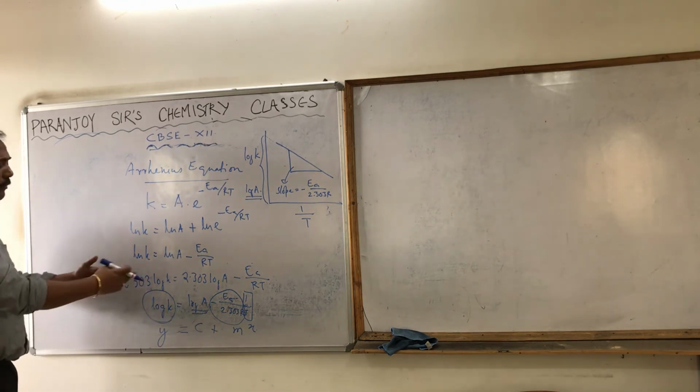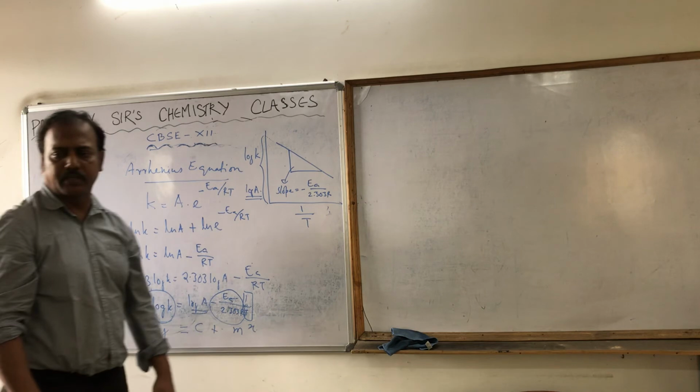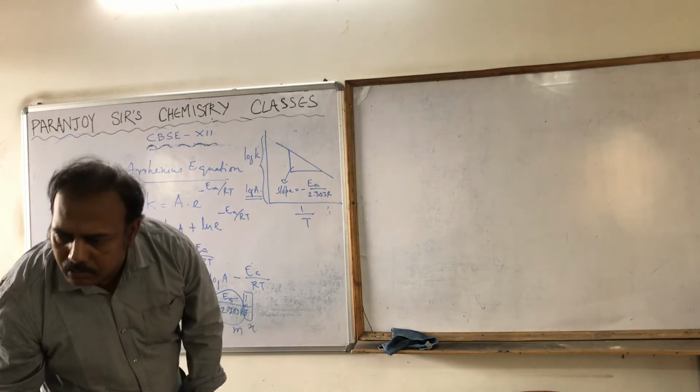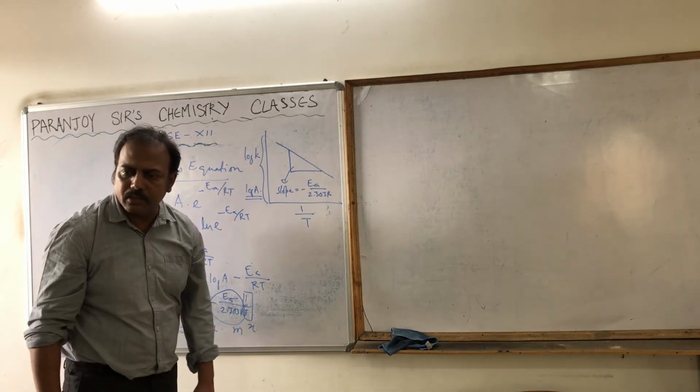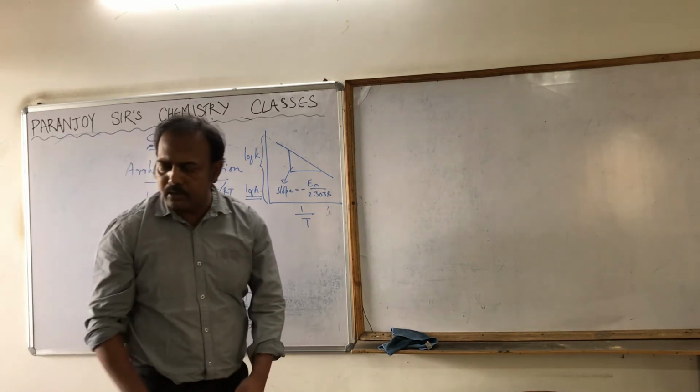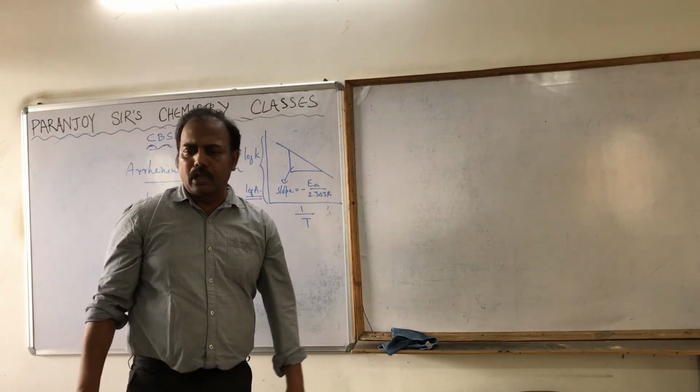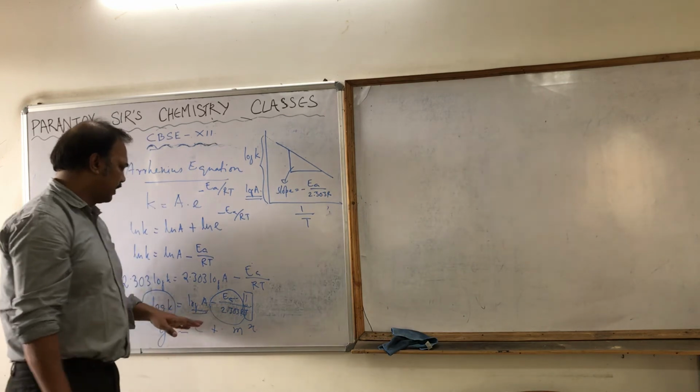Now again we will come with this equation to the mathematical representation of it. But the time is not going to permit. Anyway, let me just try the mathematical representation.